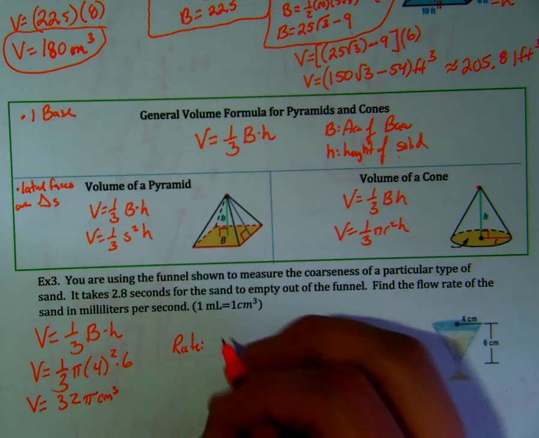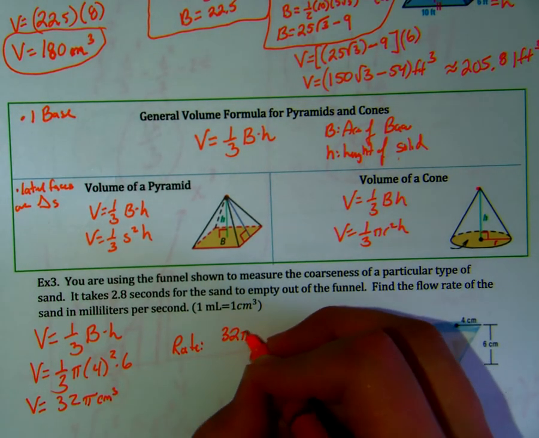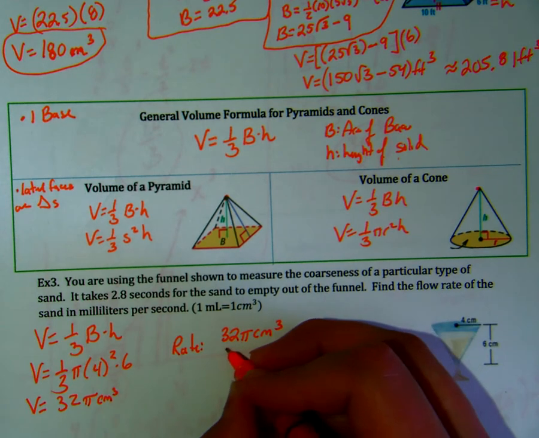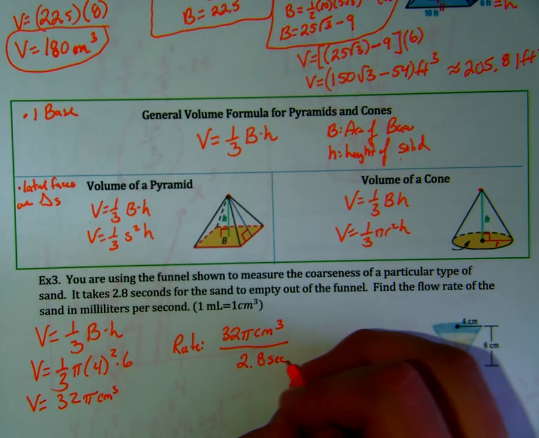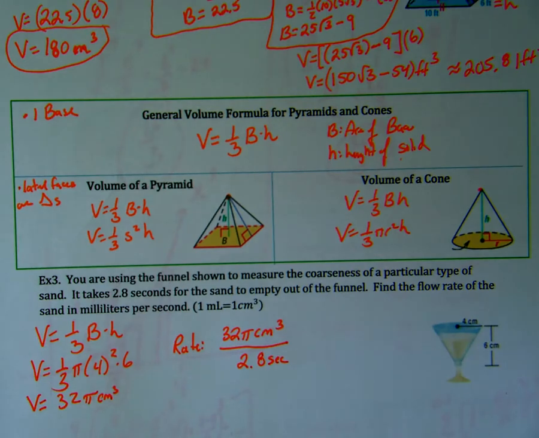Okay, so the flow rate: it goes through 32 pi centimeters cubed of sand per 2.8 seconds. But we want the answer in milliliters per second. We have centimeters cubed per second, so we need to convert centimeters cubed to milliliters. Luckily, metric makes sense in a gajillion ways.